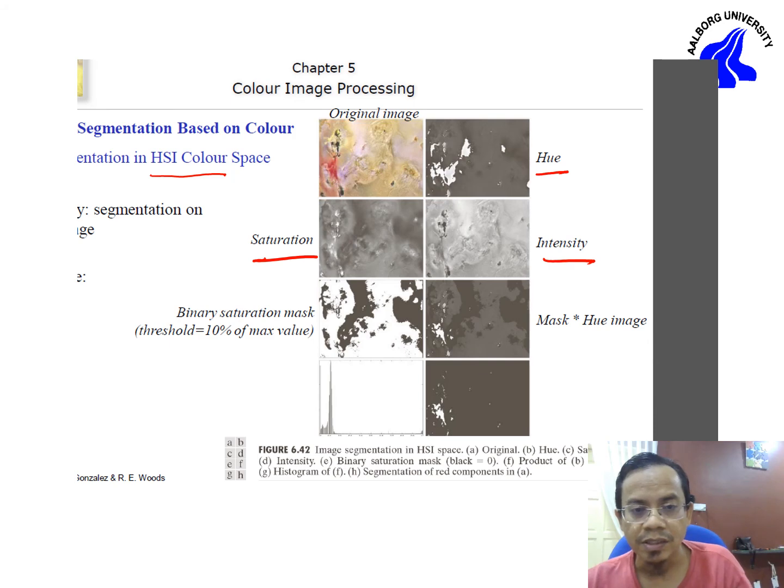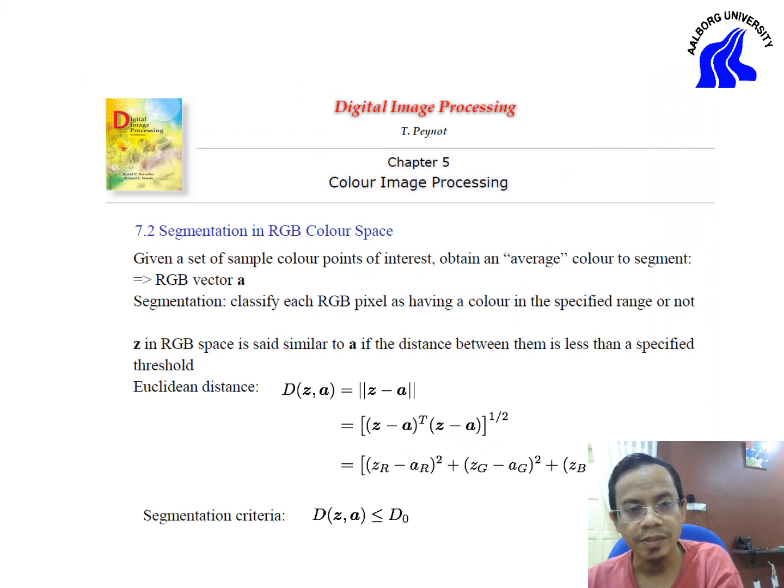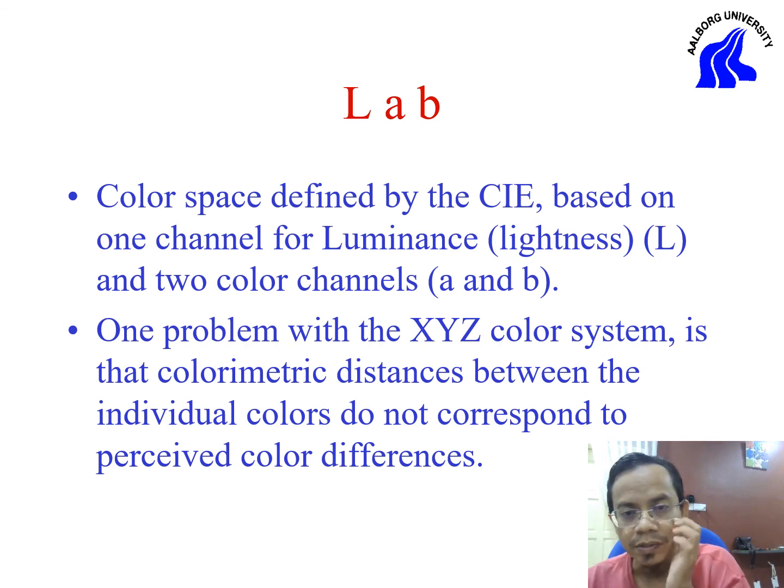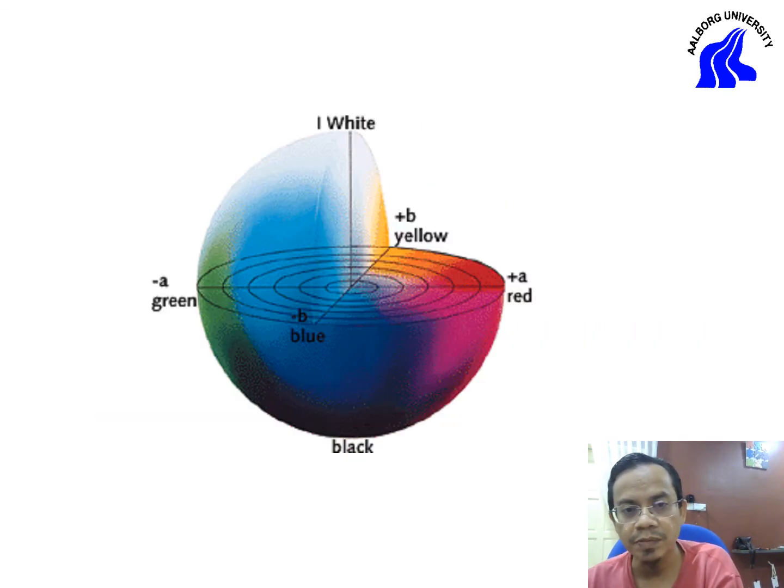Okay, binary saturation with threshold at 10% of maximum value. This is the histogram. Then finally we get this red color here by using HSI. Okay, so this is another color space.